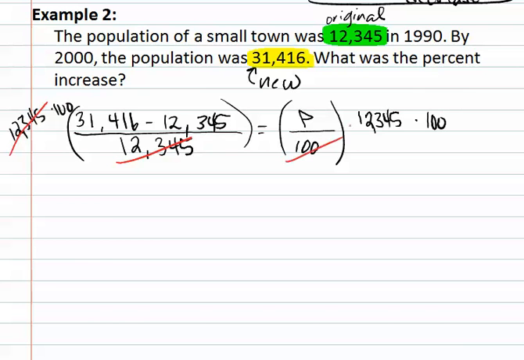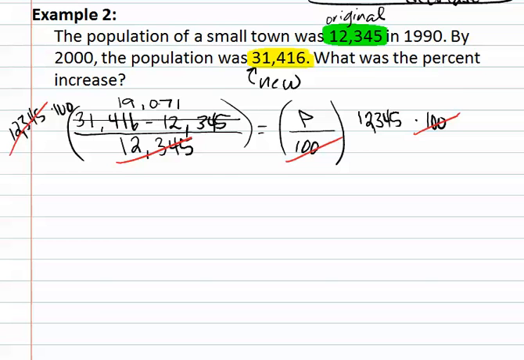We then cross out the denominators. They cancel, and then we get 100 times this difference. We must do this difference first. 31,416 minus 12,345 is 19,071.